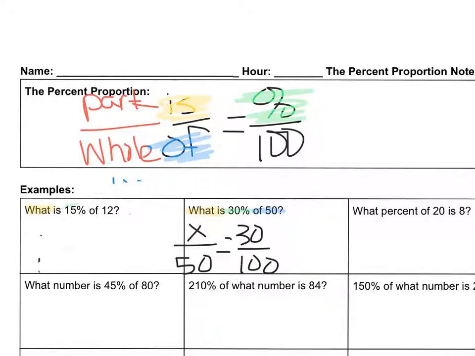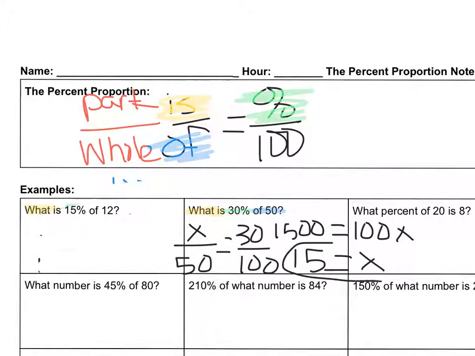So we're going to cross multiply. So 50 times 30 is 1500, and then equals 100x. Divide by 100 on both sides, x equals 15. Circle it, and there's your answer. Okay, let's go ahead and try the next one.